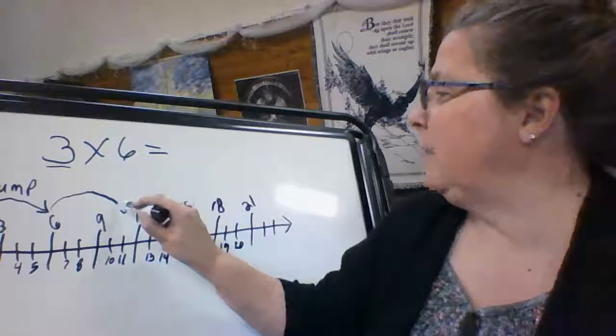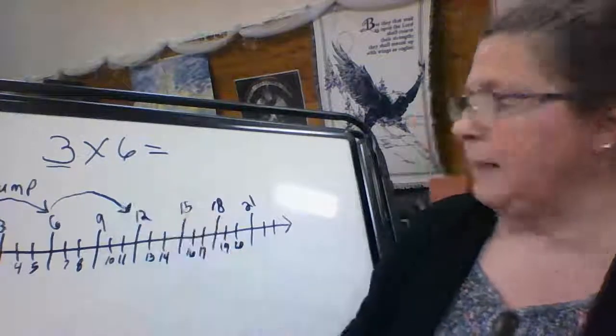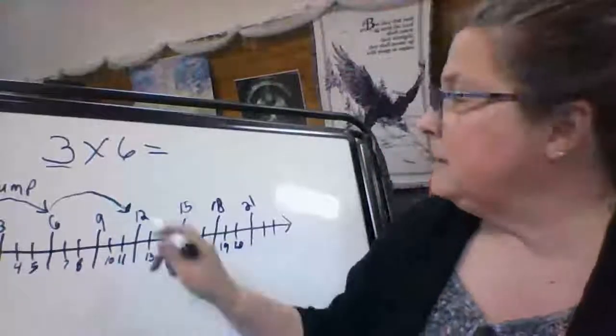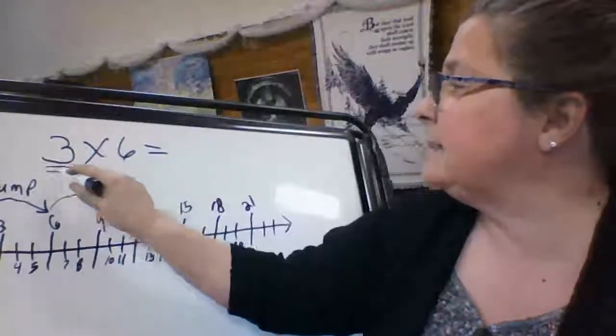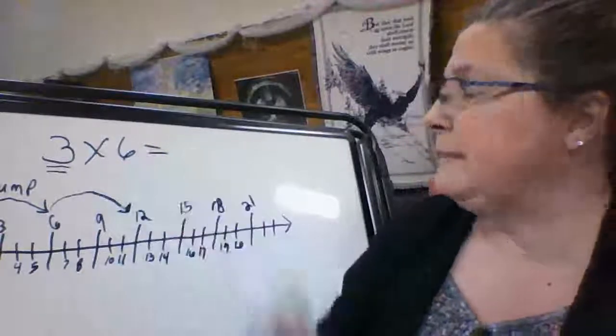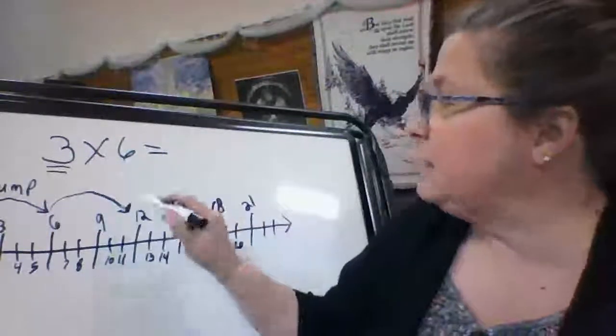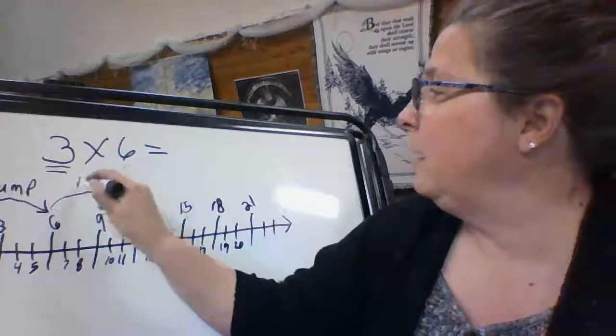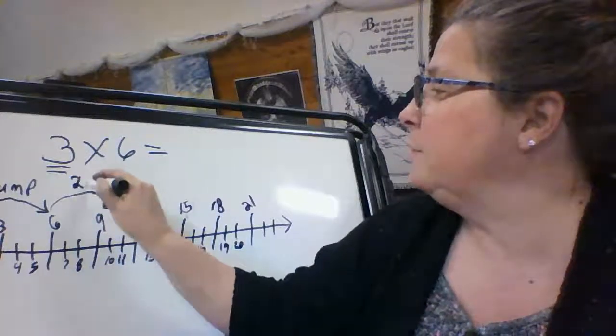Right? So we're going to land on 12. Sorry, it's not that great, my pen is not working that great. So here's our second group of 6 objects, right? So we have 2 groups now, 1 jump and 2 jumps.